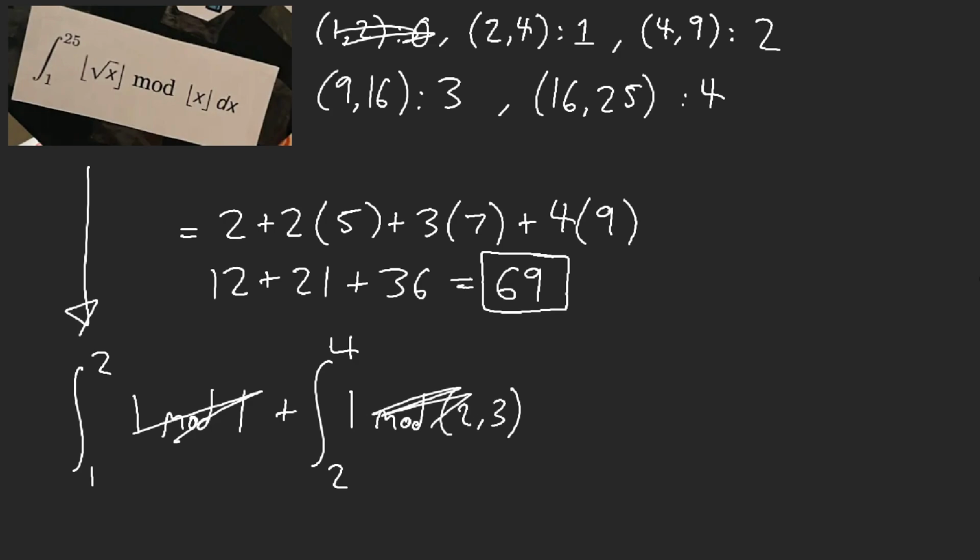It's just going to equal 1. And then you keep going from 4 to 5. Here it's the square root of 4 or whatever in this interval, like let's say 6. If you plug in the square root of 6 and floor it down, it's just going to equal 2, always. And then 2 mod 4, 5, 6, 7, 8, 9.